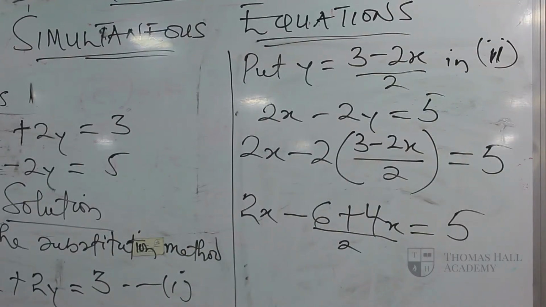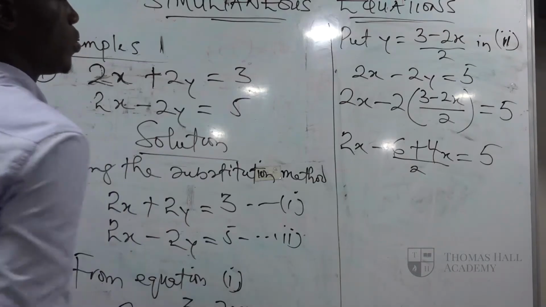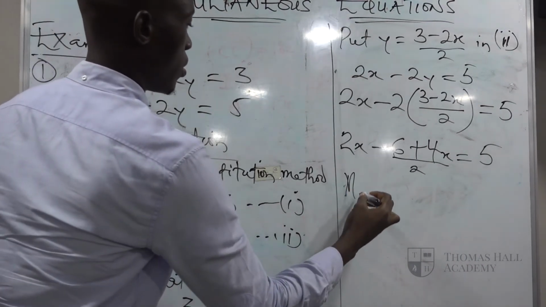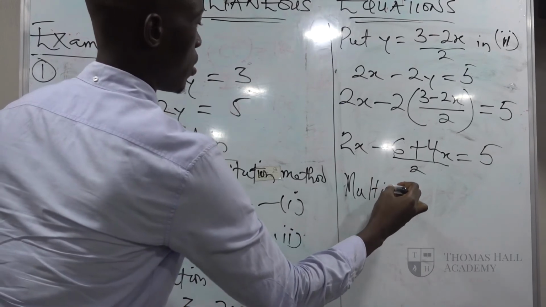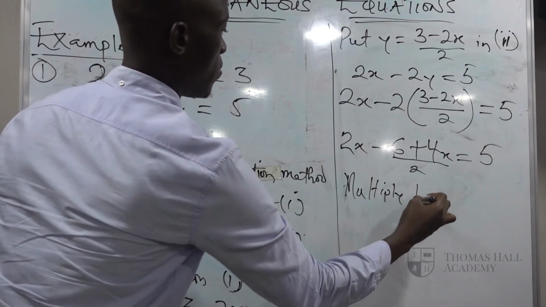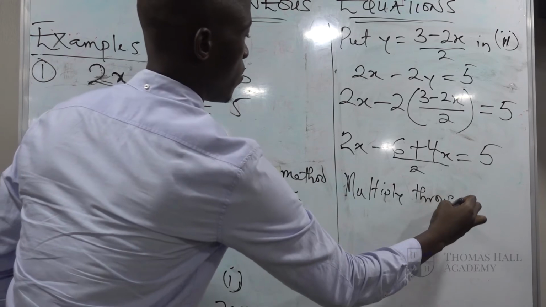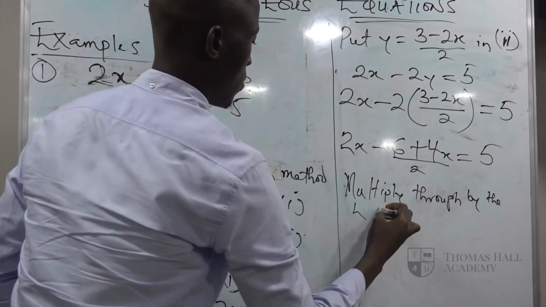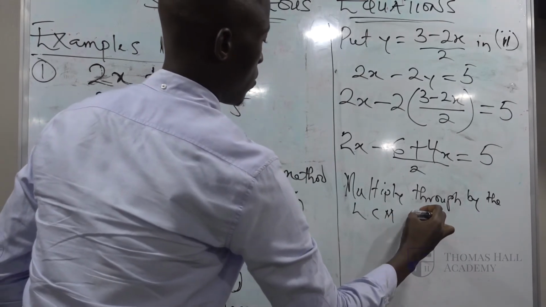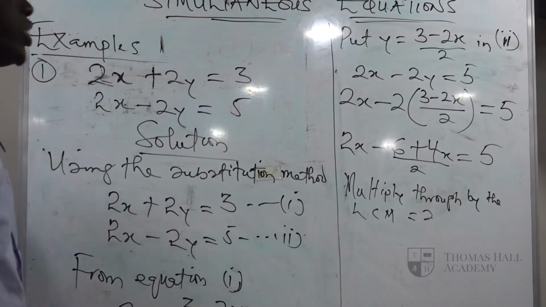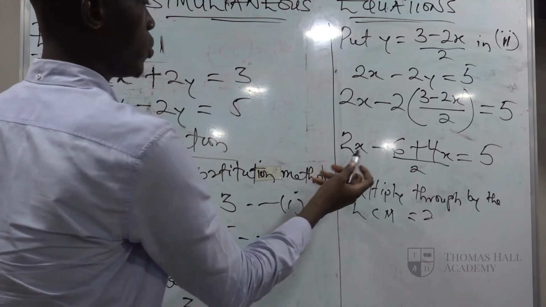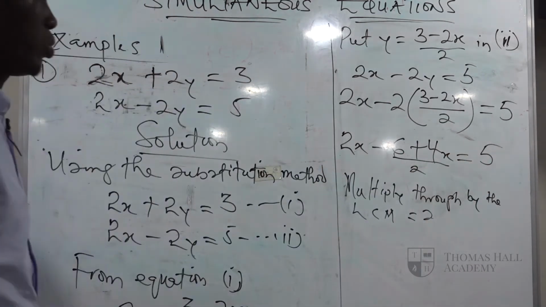Using your LCM now, which is 2. By multiplying through by the LCM, which is 2, we multiply this by 2, multiply this by 2, and multiply this by 2.